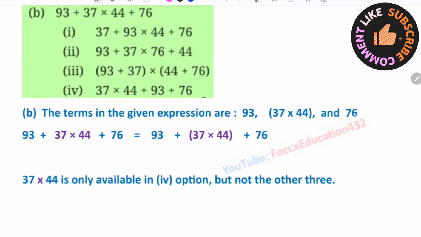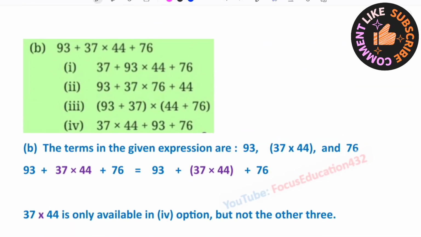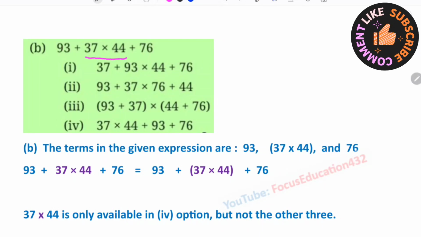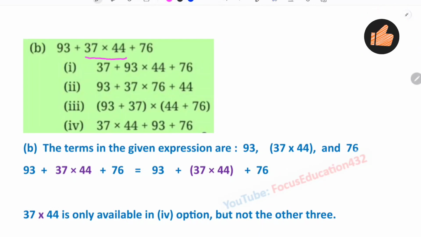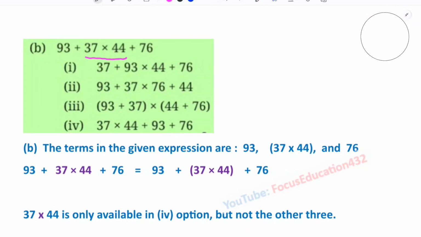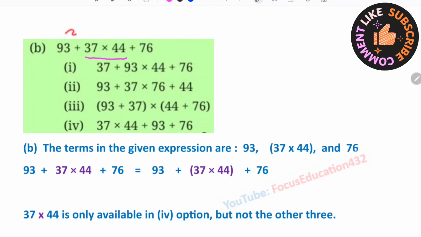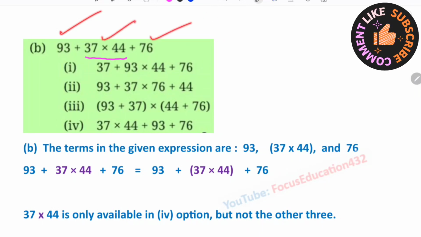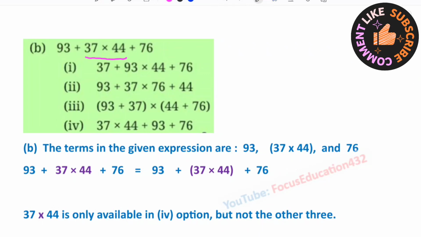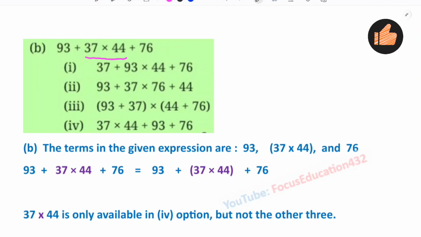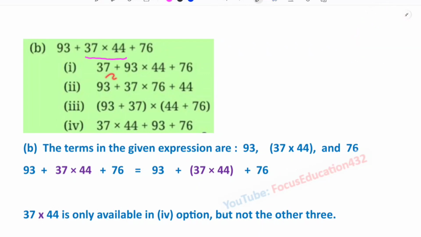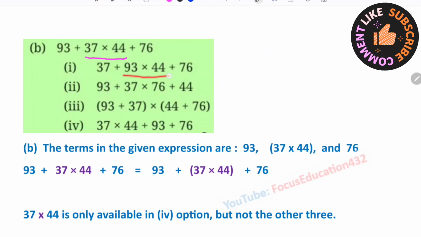Given here some explanation. 93 plus 37 into 40. So this is done first. Right. So 93, three terms are there. One is 93, another one is, this is one term, second term, third term. So 37 multiplied by 44, we have to look. If you see here, 93 multiplied by 44.